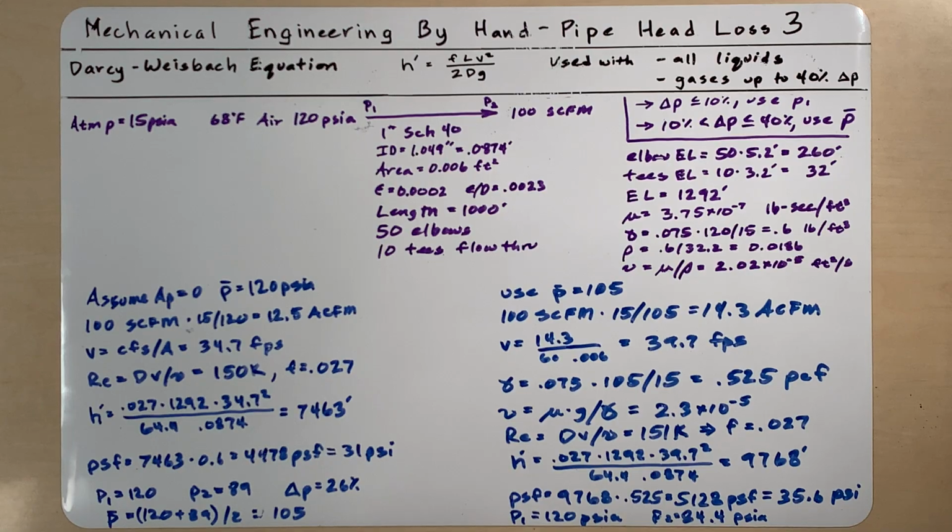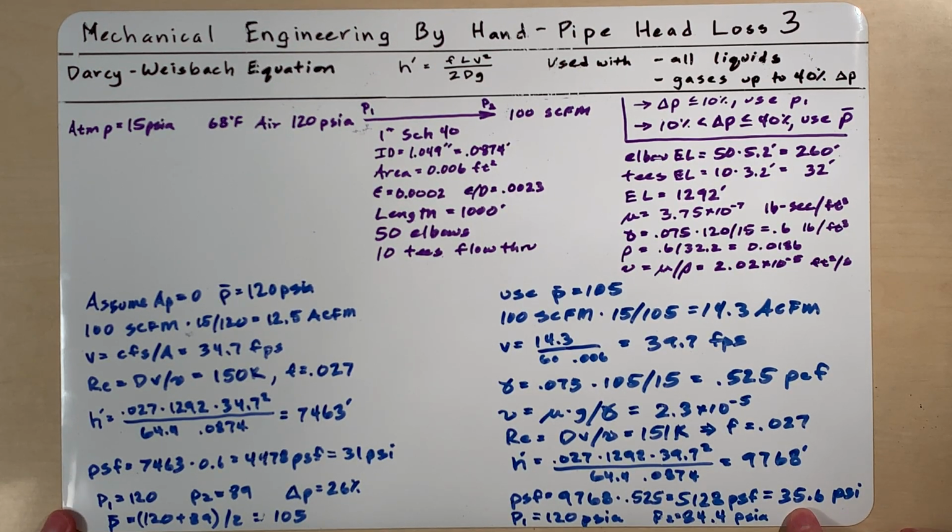So I think this chart is good. It's just assuming that there are really no effects from the compressible flow. So if we were actually doing this in real life, I would go with this pressure drop, which is a little bit higher than the 31.